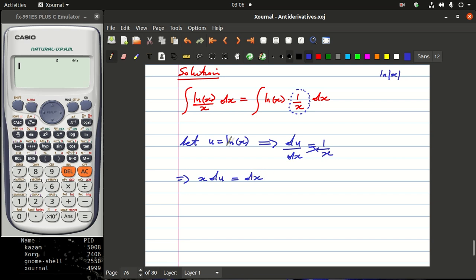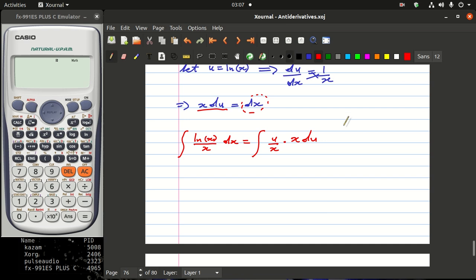So we have dx and we have a u. And then we go back. When we take ln of x divided by x dx, this is going to be the same as ln of x, which is u, x is just x, and this dx is equal to x times du.